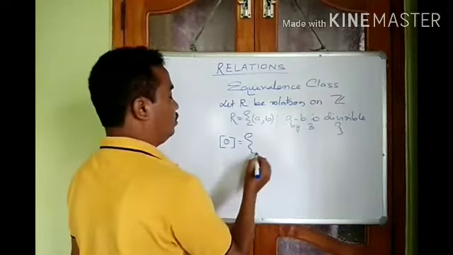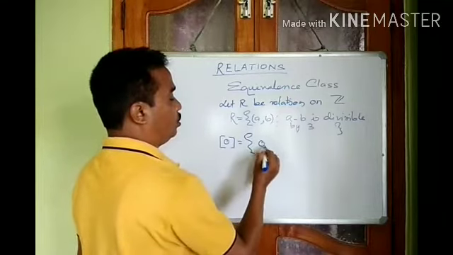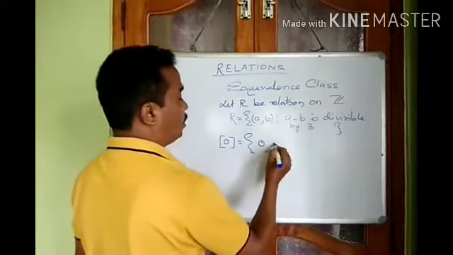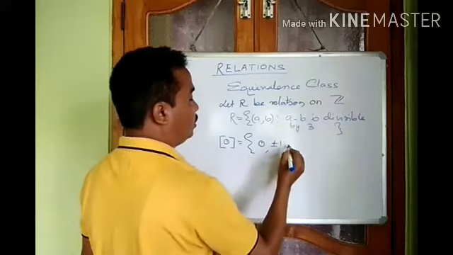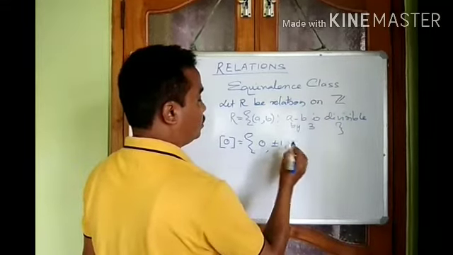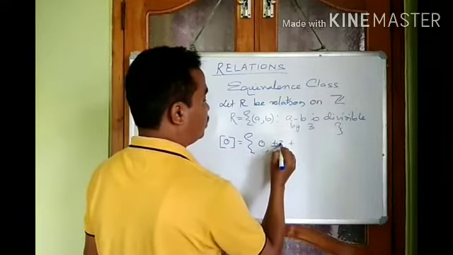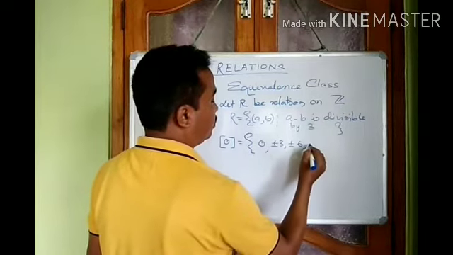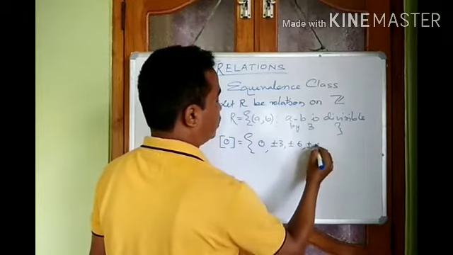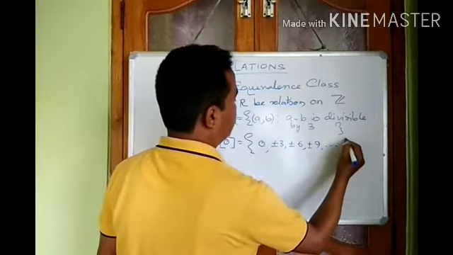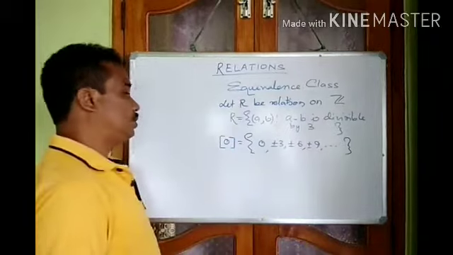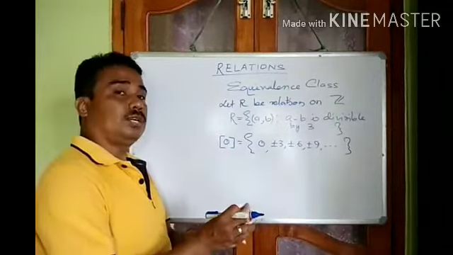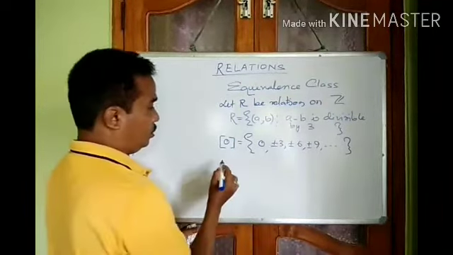The collection of elements related to 0 are 0, plus minus 3, plus minus 6, plus minus 9, and so on. So these are the integers which are related to 0.